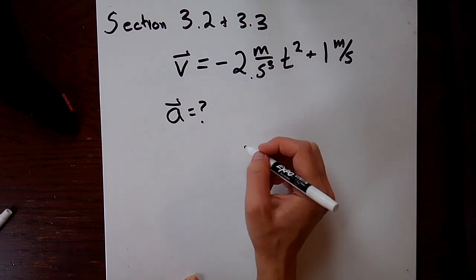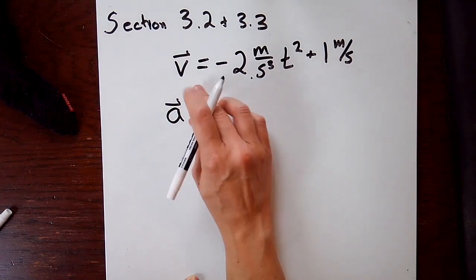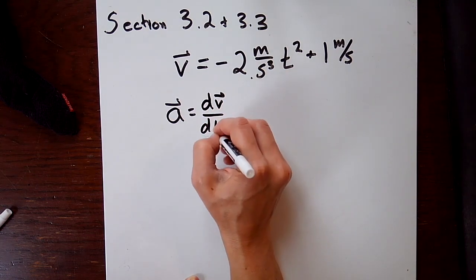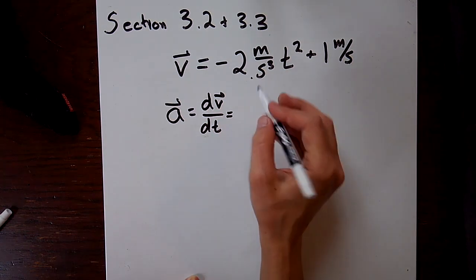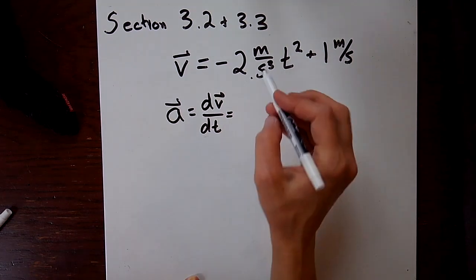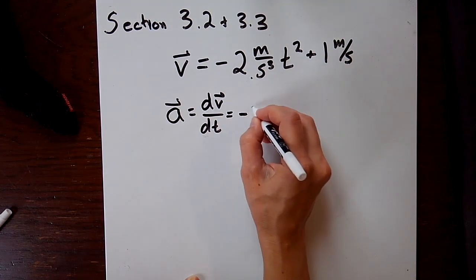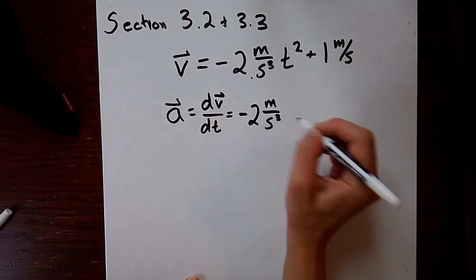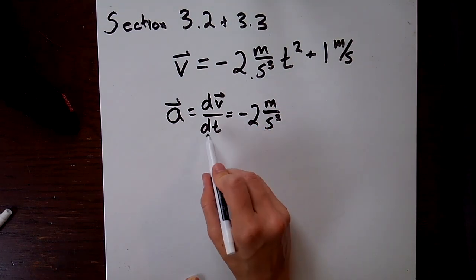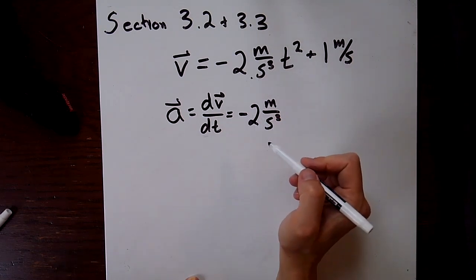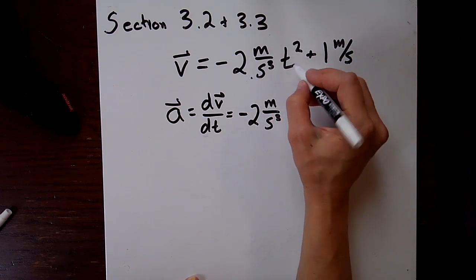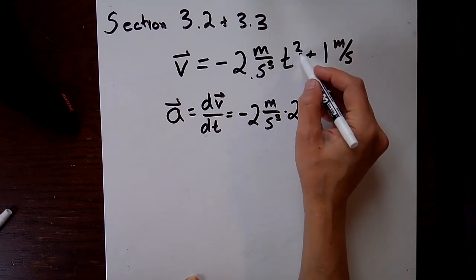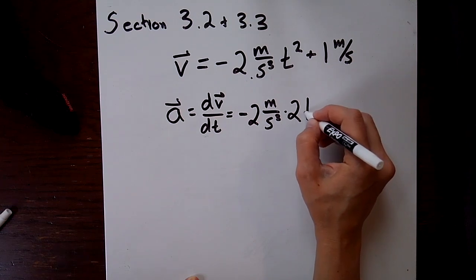Well, acceleration is the derivative of velocity. So that means I need to take the derivative of this. All right. So -2, and then meters and seconds are kind of behaving like numbers here as far as the derivative goes. So those guys just came along for the ride just like the 2 did. And then we have t to the second power, so we multiply by 2.